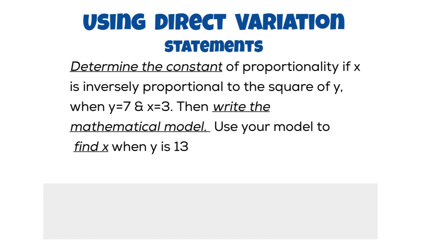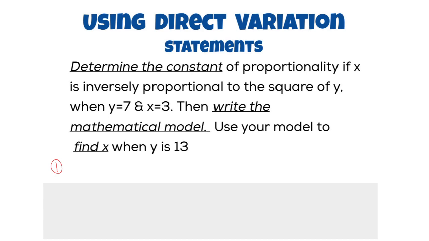Okay, so then what I've got is, I'm going to just start over here with a number 1. Here's your first step always. Determine the constant of proportionality. Okay, so what they're telling me is I have to figure out what k equals. That's what they want first. If x is inversely proportional to the square of y.